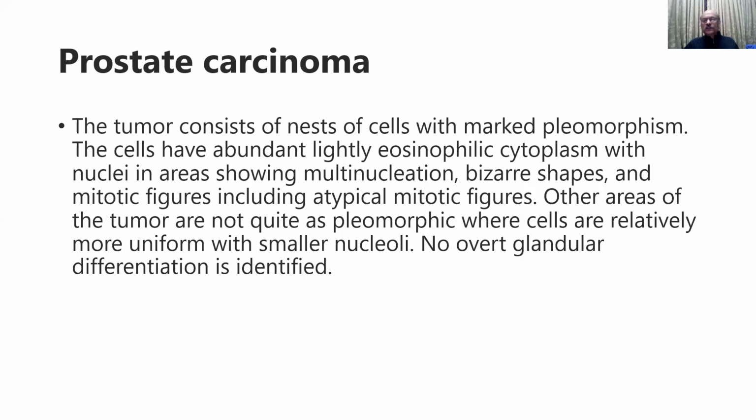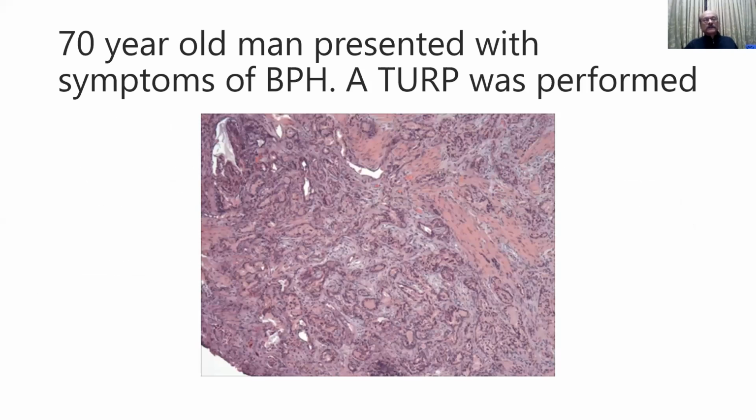So based on this morphology, initially it was thought that it is urothelial carcinoma, but on immunohistochemistry, the prostatic markers came positive and the urothelial markers are negative. So it is prostatic carcinoma. Now, another 70-year-old man presented with symptoms of BPH, TURP was done.